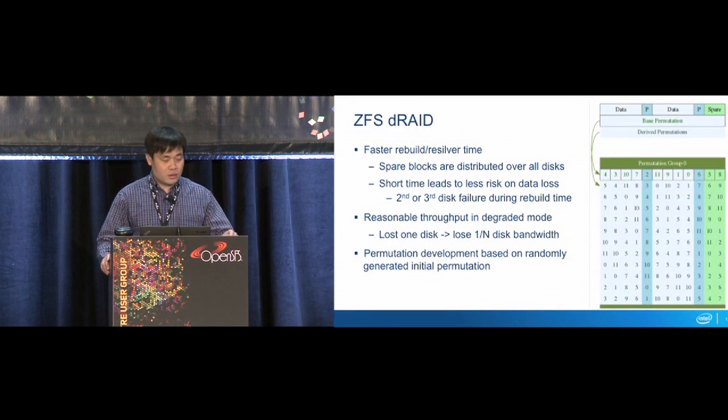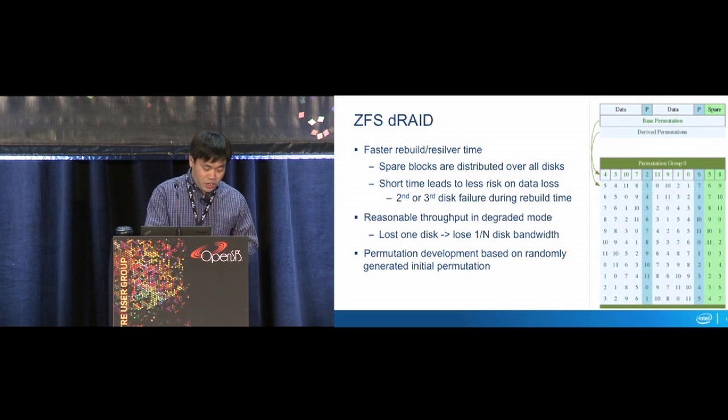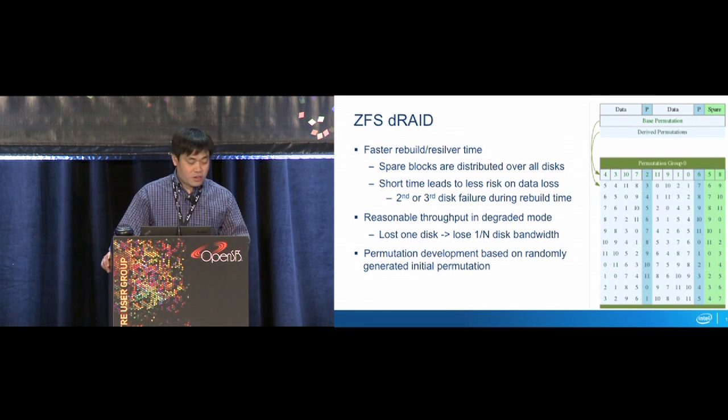So another work we propose is ZFS dRAID. So why do we need ZFS dRAID? With ZFS RAID-Z devices, a problem usually seen is that a RAID-Z device can deliver good performance when every disk is in good state.